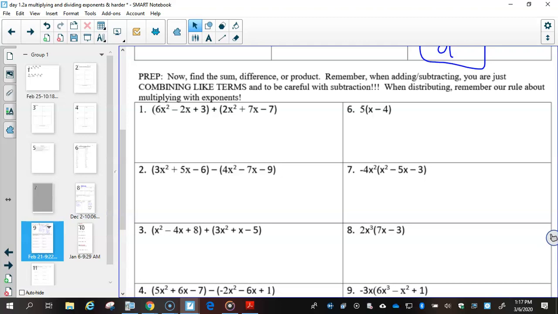Scroll down. Find this in those notes. So now we're doing polynomial operations. We're going to be adding, subtracting, and multiplying polynomials.